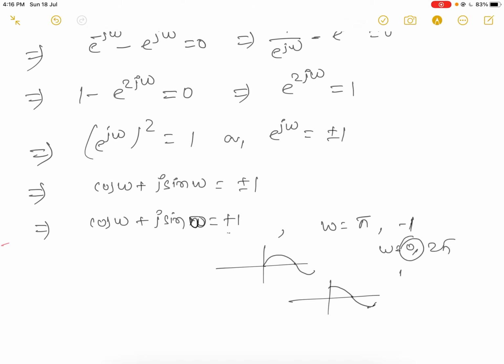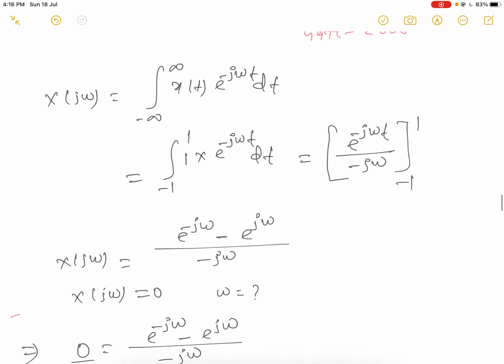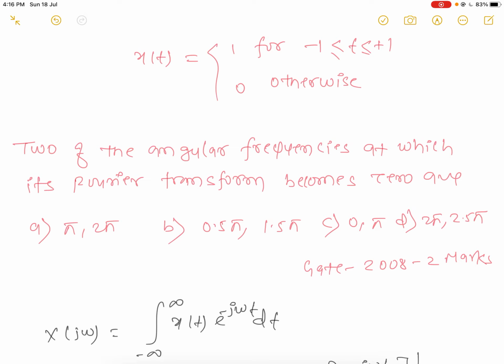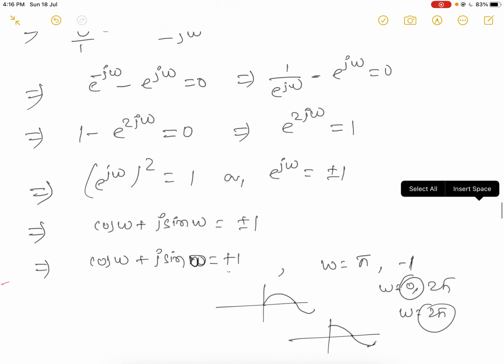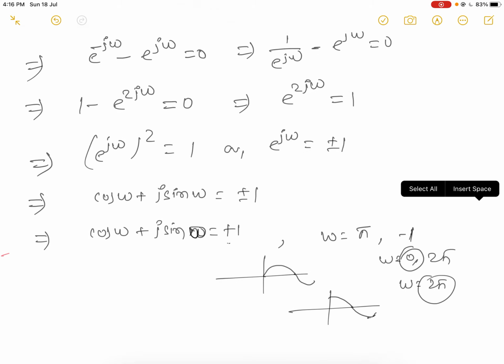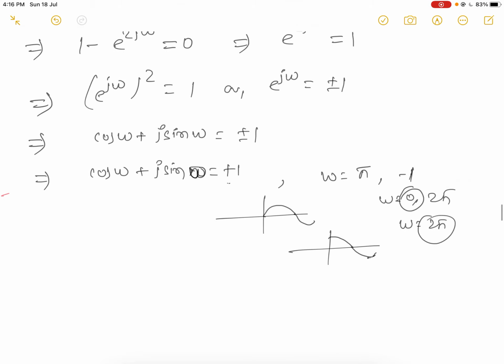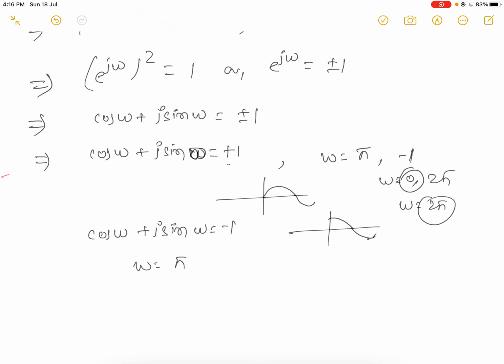We have to consider omega 2 pi, because 0 is not suitable. Consider omega, we will get 0 and 2 pi also. When you take the negative sign, cos omega plus j sin omega is equal to minus 1, then in this condition omega will be pi. So the option will be 0 and 2 pi.